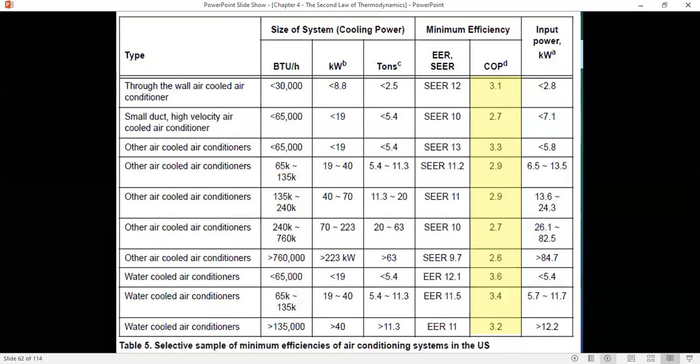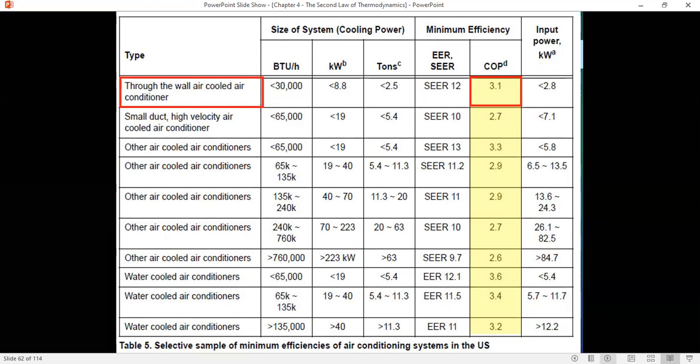And here are different coefficient of performances, which tells you how effective they are. Here's a through-the-wall air-cooled air conditioner. Okay, less than 30,000 BTUs. That's not a bad coefficient of performance.